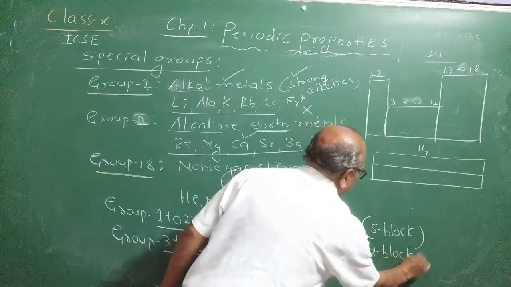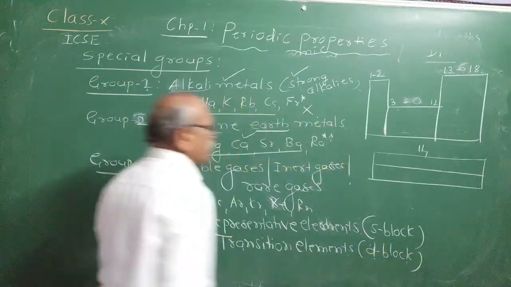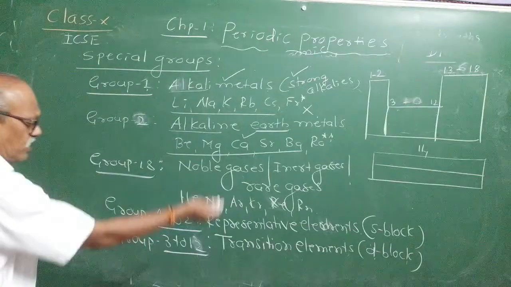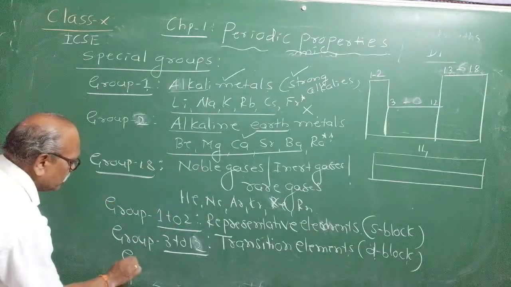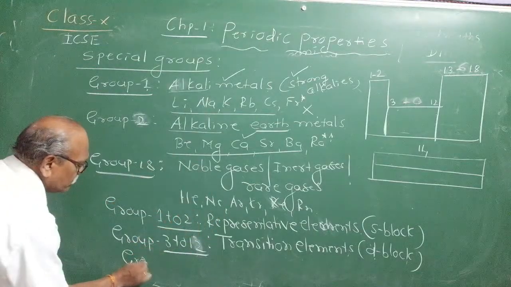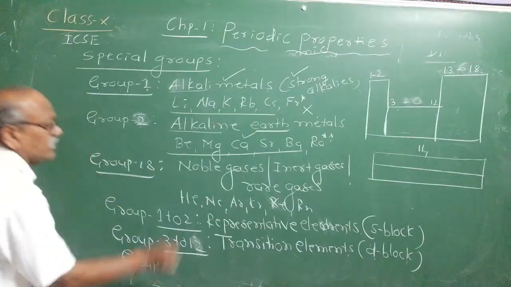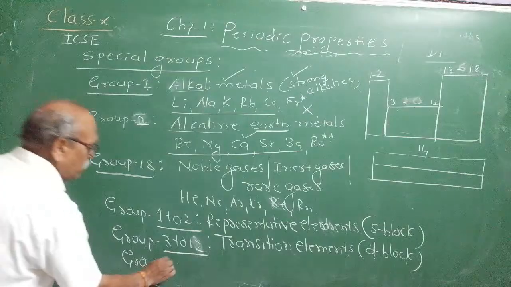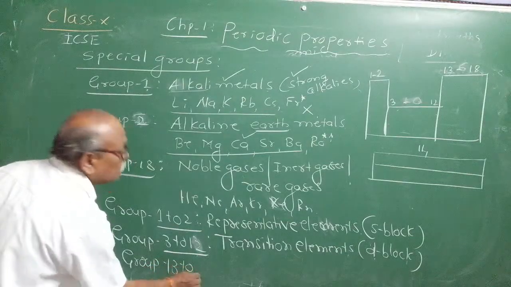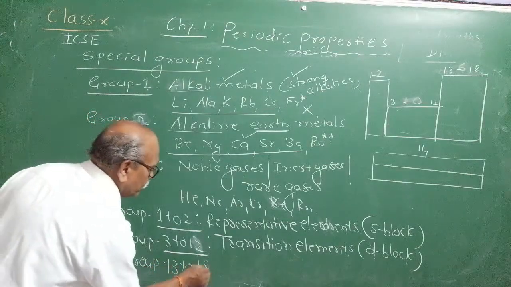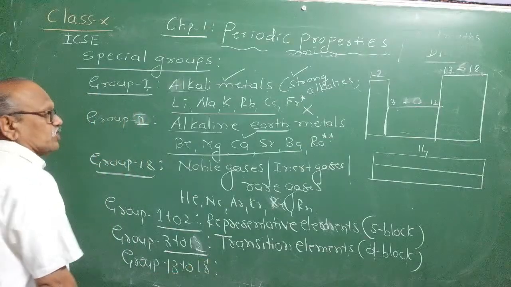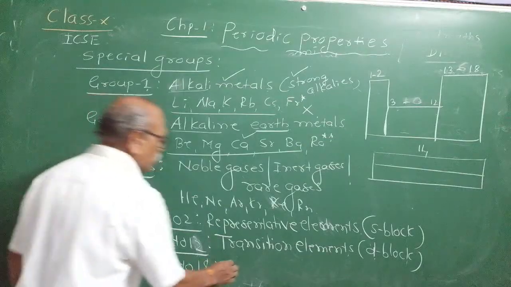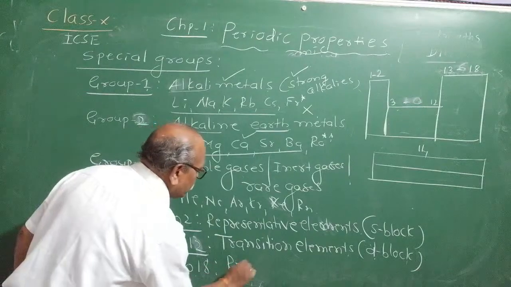Later in 11th standard, you will learn atomic structure in detail. There you will learn about these subgroups, because they are not yet introduced in 10th standard. Then groups 13 to 18 are mostly representative elements.